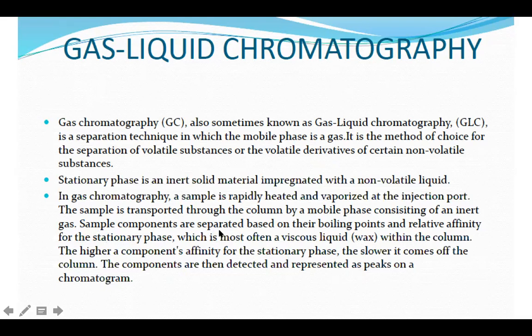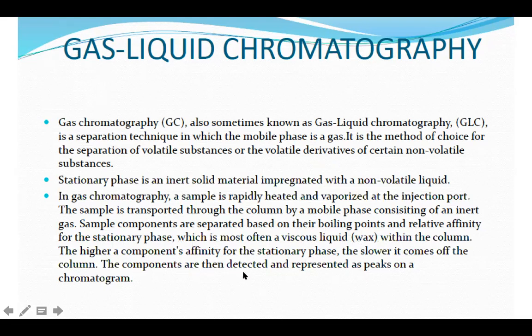So sample components are separated based on their boiling point and relative affinity for the stationary phase, which is most often a viscous liquid, wax or the like within the column. The higher a component's affinity to the stationary phase, the slower it comes off the column.